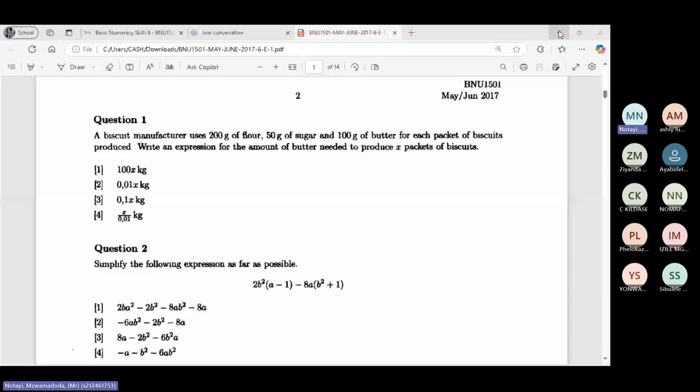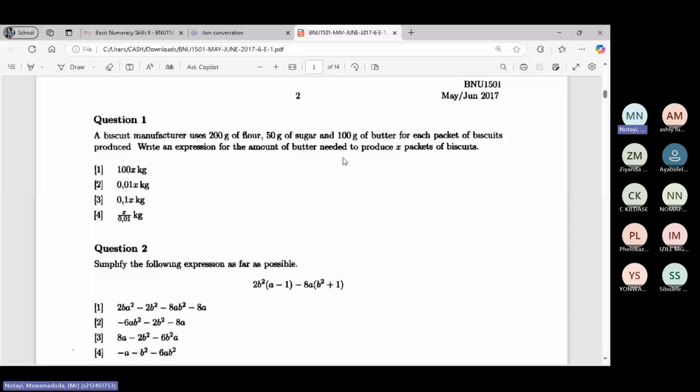Okay, there's a question. A biscuit manufacturer uses 200 grams of flour, 50 grams of sugar, and 100 grams of butter. The question says, write an expression for the amount of butter that is needed to produce X packets of biscuits.